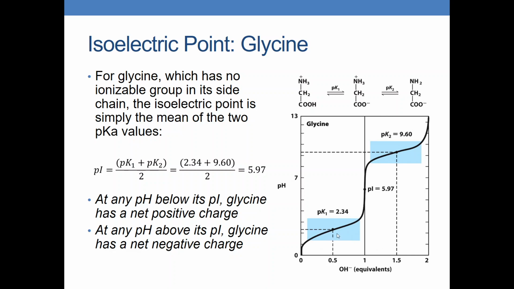So for this first stage, my midpoint equal to pH, or actually it's written here as pK1 equals 2.34, but because I know at the midpoint I have pH equals pKa, I know that the pH here is also 2.34. Okay, so that would be the first stage.